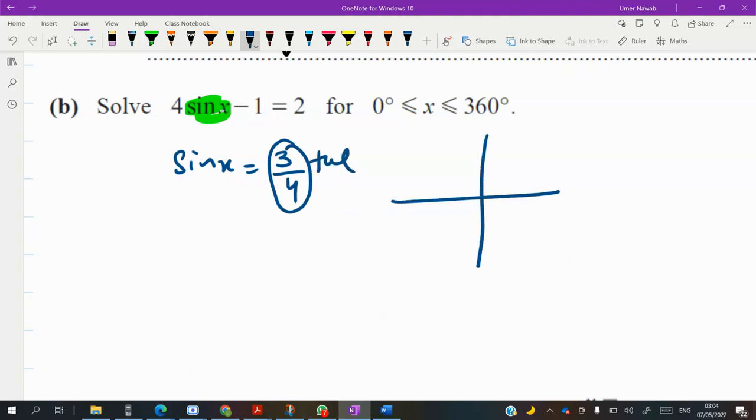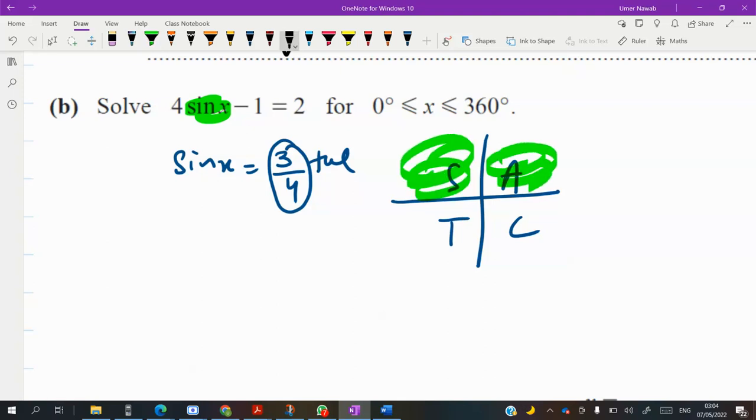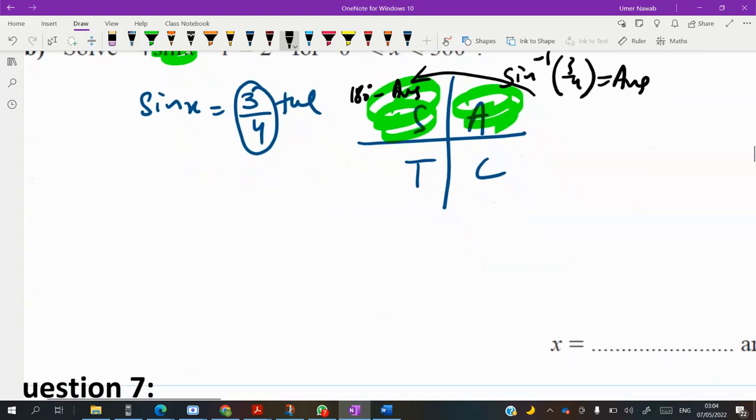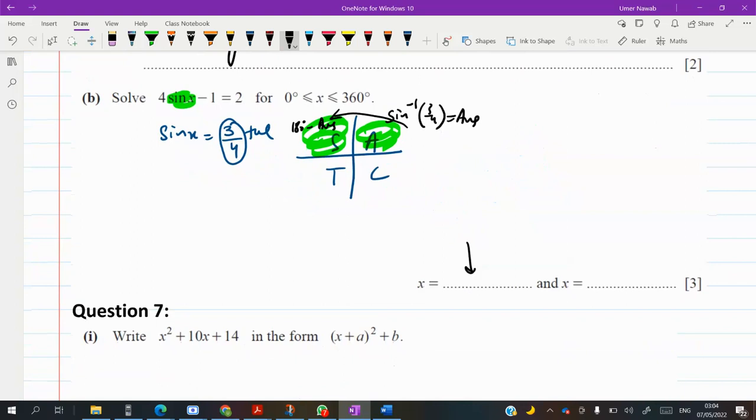So according to the ASTC diagram, sine is positive in this quadrant and this quadrant, but your calculator is capable of giving you an answer only in the first quadrant, so 3 over 4. And if you want to drag this answer into the second quadrant, you will write here 180 minus answer. This is your answer, and then you will fill your answering spaces here.